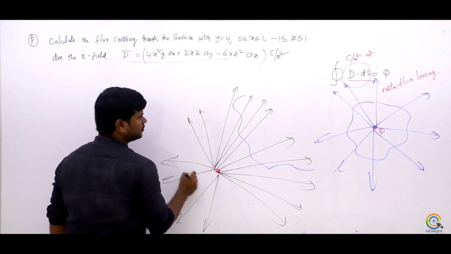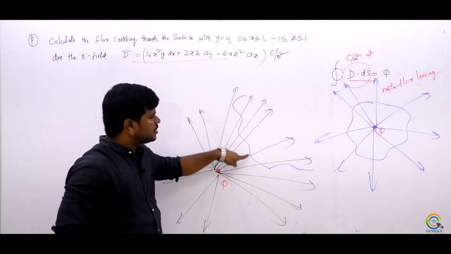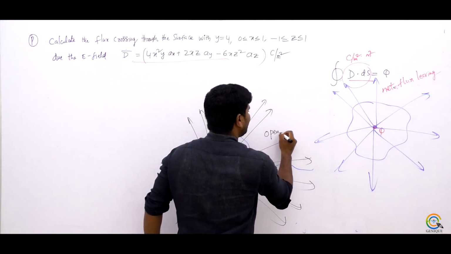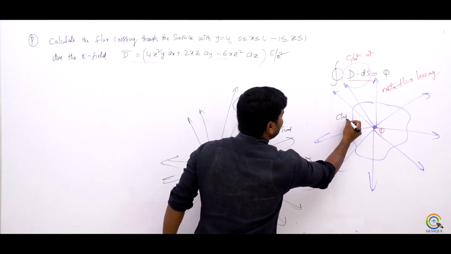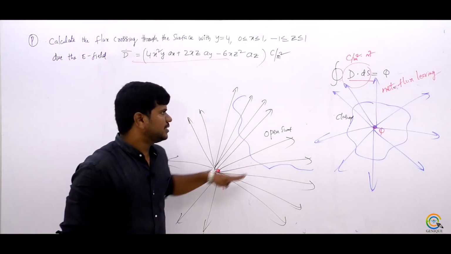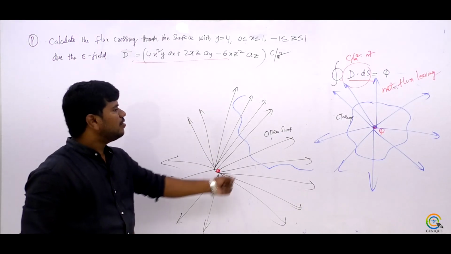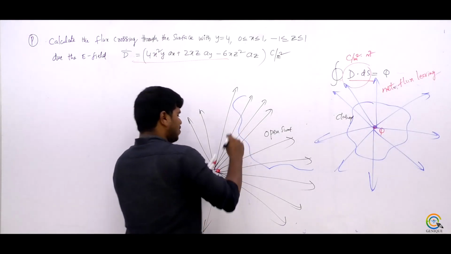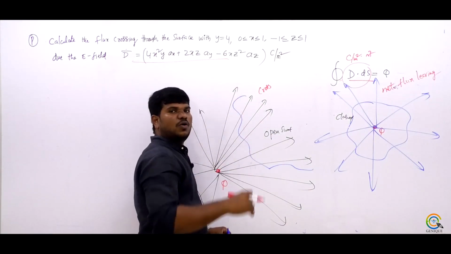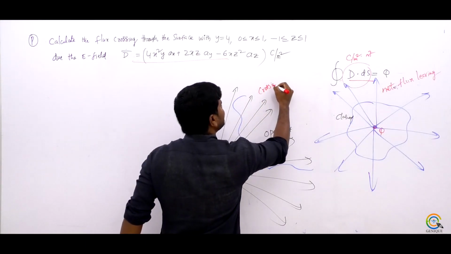This is the total Q. But if you are taking this open surface, this is not a closed surface, it is an open surface. Here some portion of the flux is crossing this open surface. So this is the flux leaving and the flux crossing. The flux will cross any surface if it is open. You should concentrate on that term. So this is flux crossing.